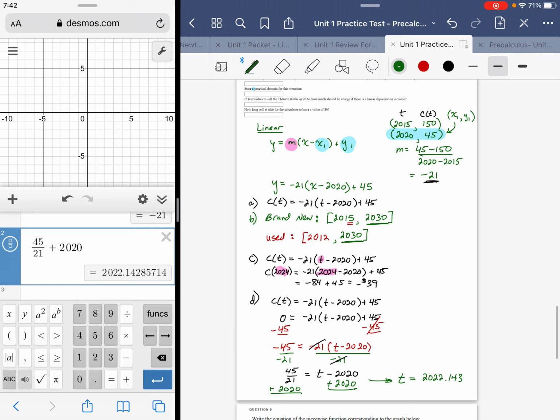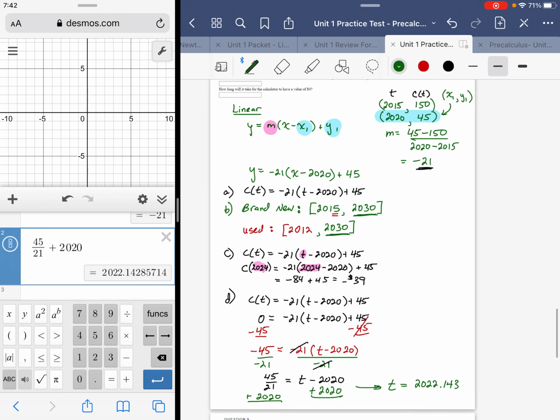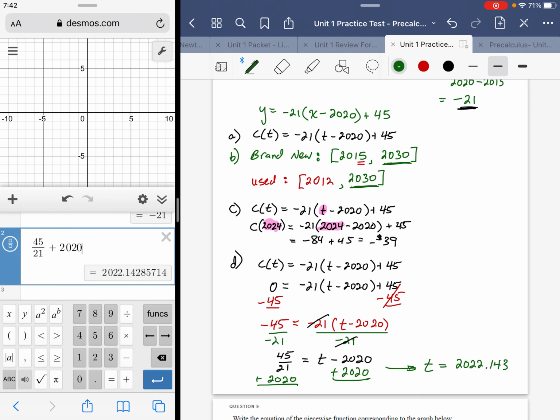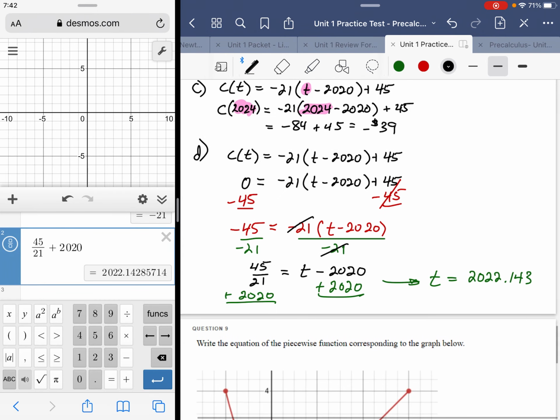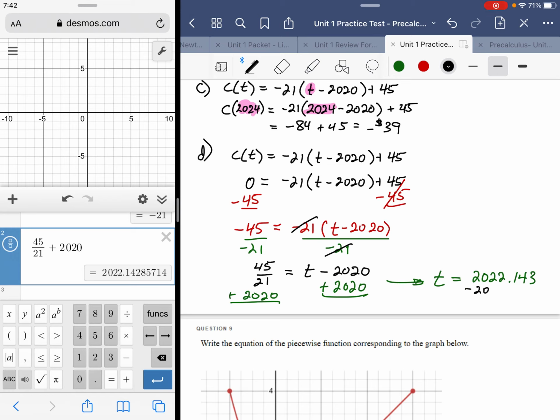All right, it says how long will it take? Well, it's not going to take 2,022 years, 0.143. All right, if the calculator was purchased in 2015, that's telling us to knock off 2015 from this. So 7.143 years.